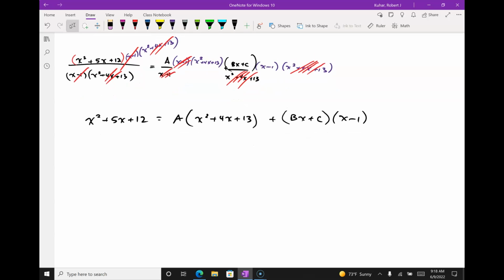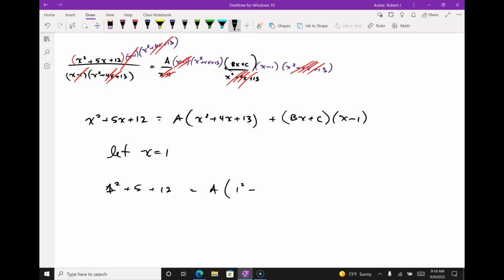A nice way to start is x equals 1, right? Because it will kill one of my pieces. So if I let x equal 1, I know that bx plus c is gone, right? So I get 1 squared plus 5 times 1 plus 12 equals a times the same thing, right?